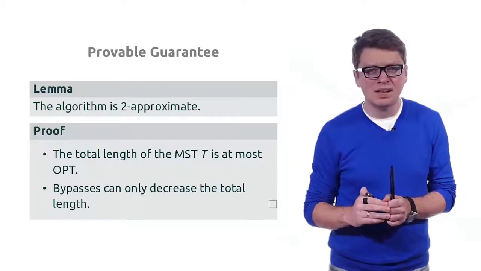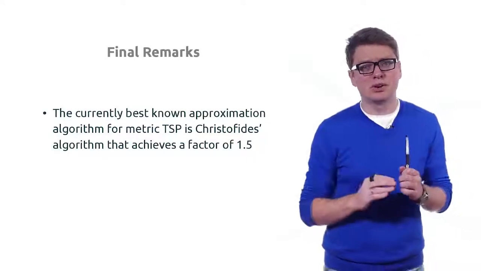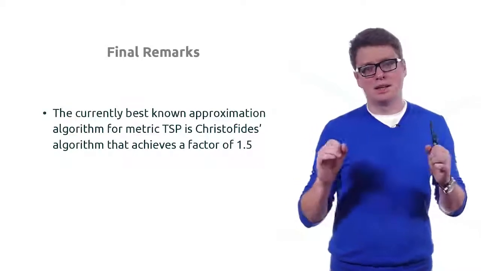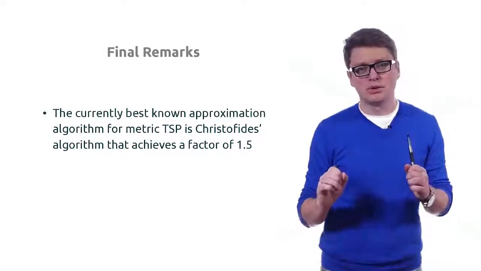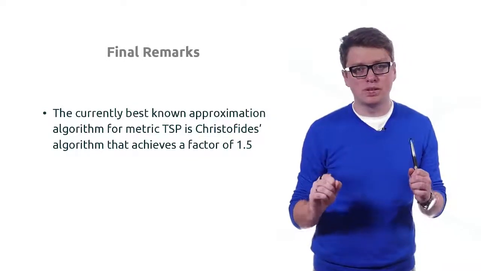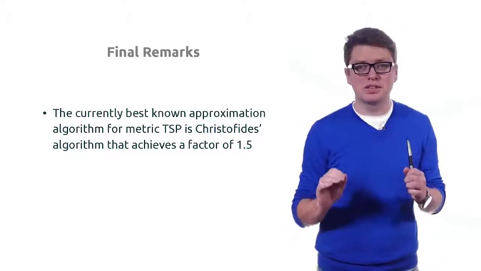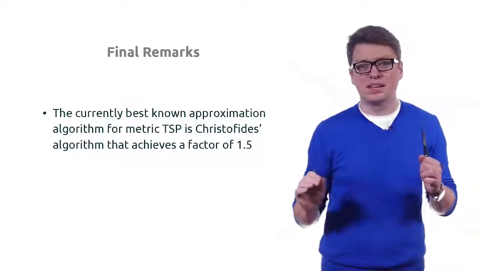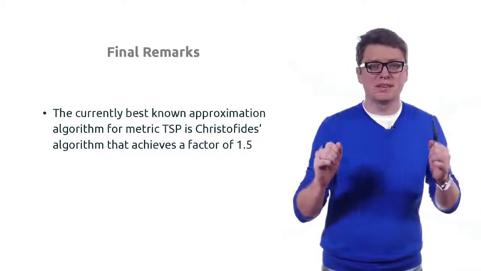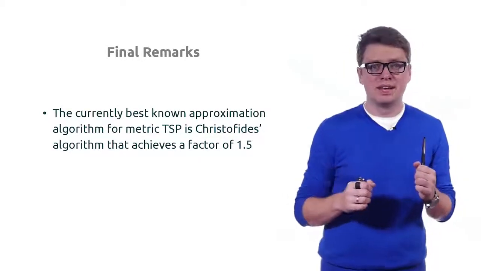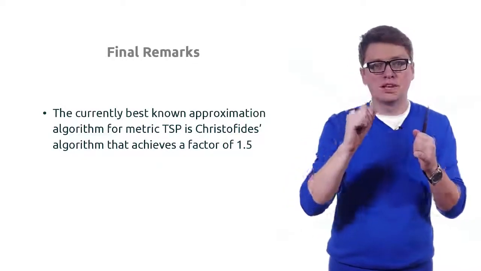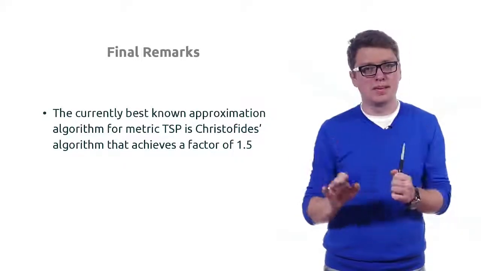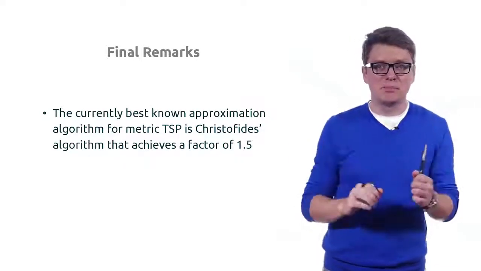Now, as a concluding remark, let me mention that this algorithm can actually be improved to give a guarantee of 1.5. This is known as Christofides' algorithm. In this algorithm, instead of doubling every edge, we find a perfect matching on the nodes of odd degree in this tree, and then we repeat the same procedure.